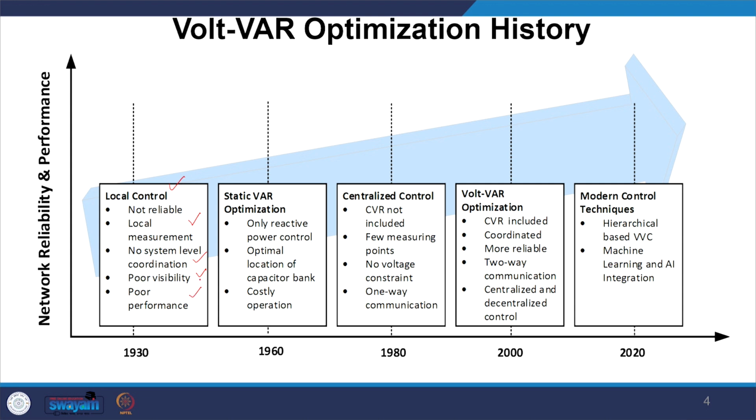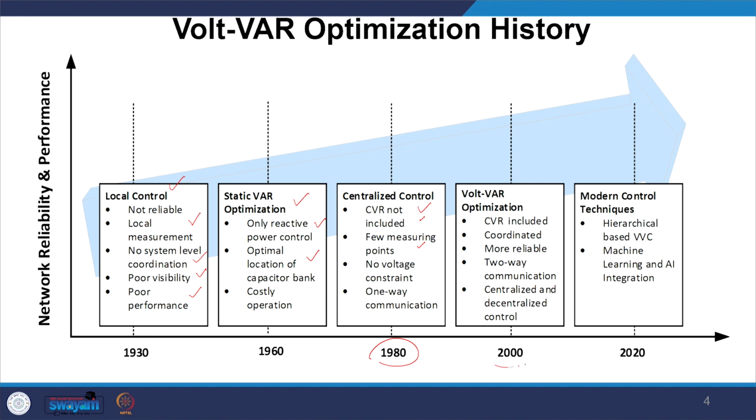In the 1960s came static VAR optimization, in which reactive power control was achieved, with optimal location of capacitor banks, but it was considered a very costly operation. Then in 1980 we moved to centralized control, CVR not included, few measuring points, no voltage constraints, and only one-way communication.